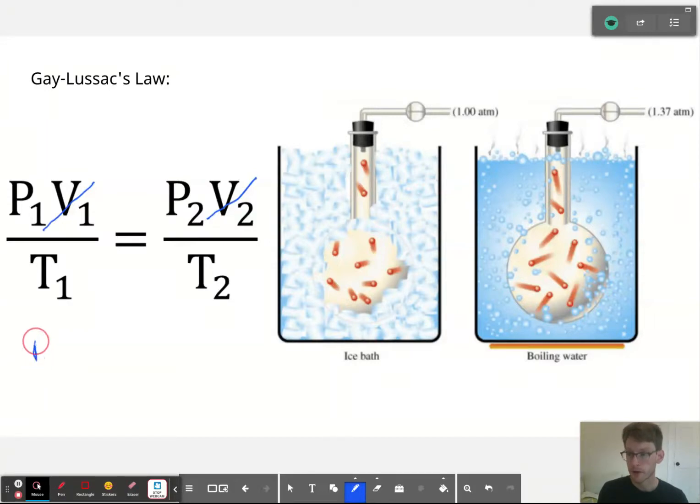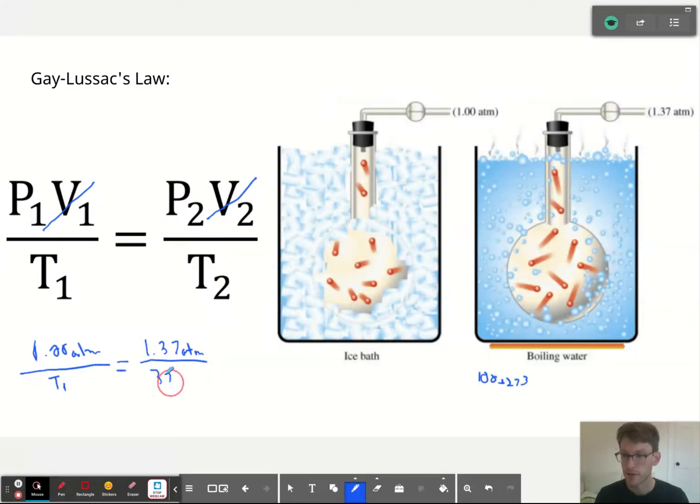And for this one, I'll just do a calculation again because it's kind of already there. We'll find that our pressure initially is 1.00 atmospheres. Our ice bath, let's just say that we don't know what the actual temperature is, even though an ice bath is going to be at 0 degrees Celsius or 273 Kelvin. We have 1.37 atmospheres as our final pressure, and that's divided by boiling water, which is 100 Celsius. 100 Celsius plus 273 is going to be 373 Kelvin.